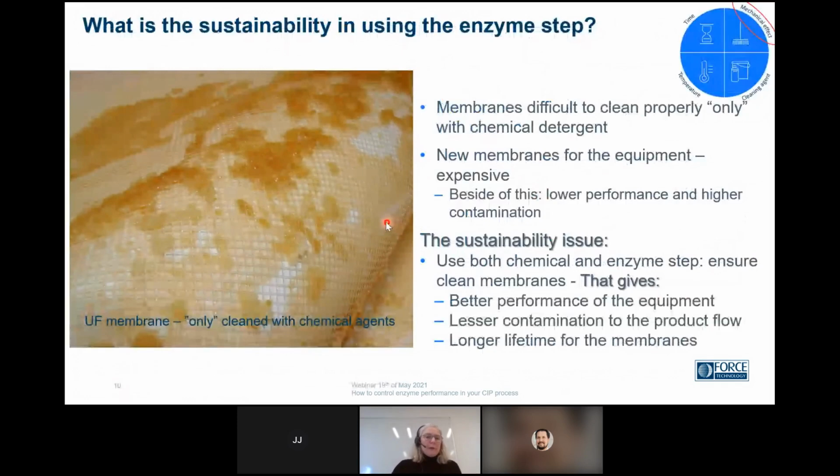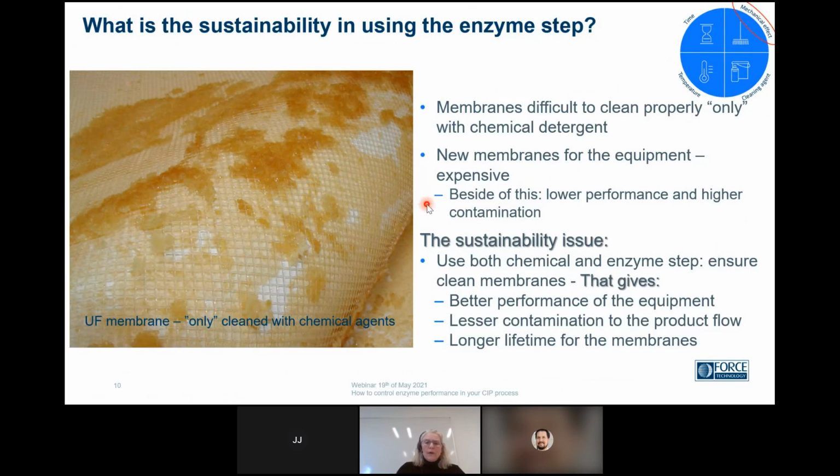It is UF membranes that are only cleaned with chemical agents, and we can see it is not good enough. The company had to buy new membranes for the equipment. It was quite expensive, 400,000 or more Danish crowns for this equipment. Besides this, in the last month they have had lower performance of the equipment and higher contamination to the product flow.